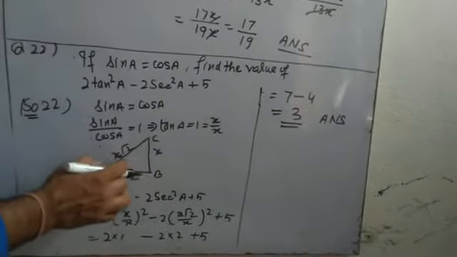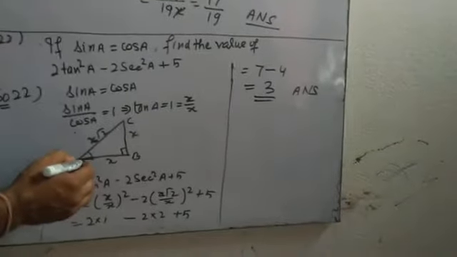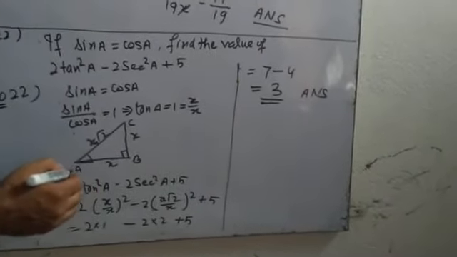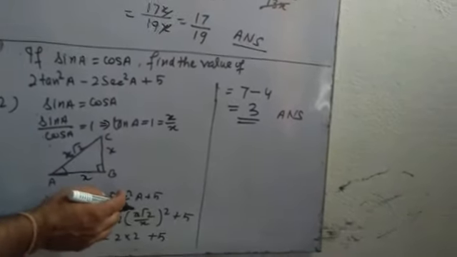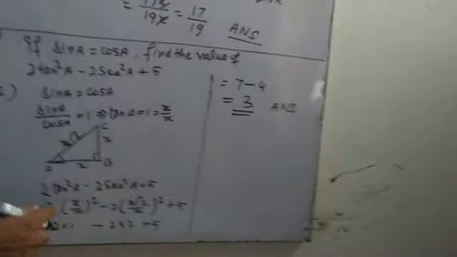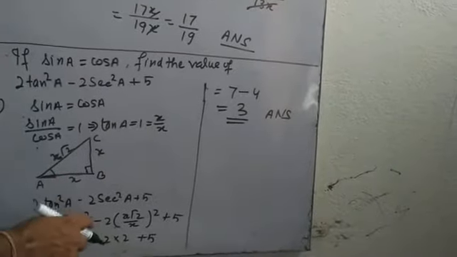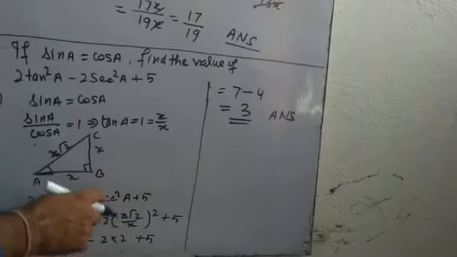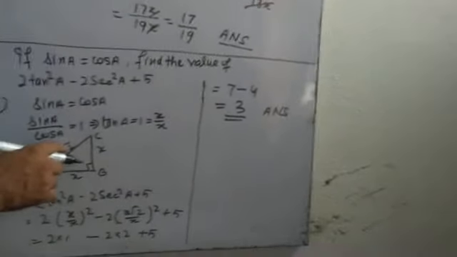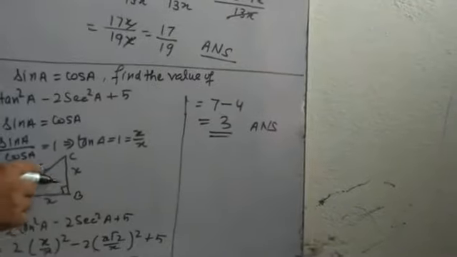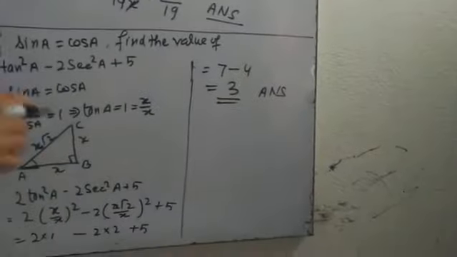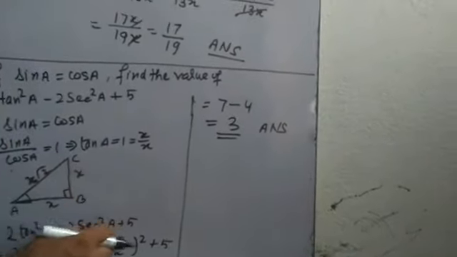From this, in the right angle triangle ABC at B, tan A is perpendicular upon base x by x, and sec is hypotenuse x root 2 upon x. This is x root 2 with the Pythagoras theorem of right angle triangle.